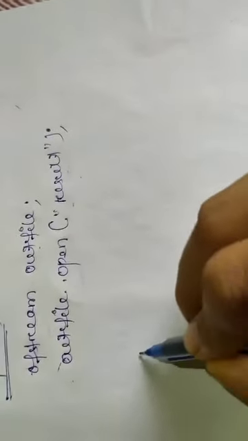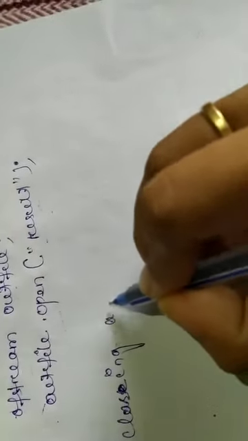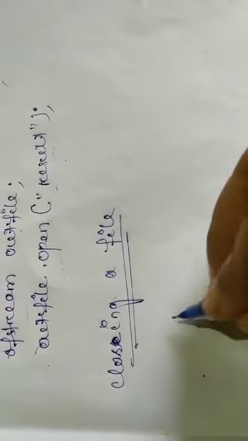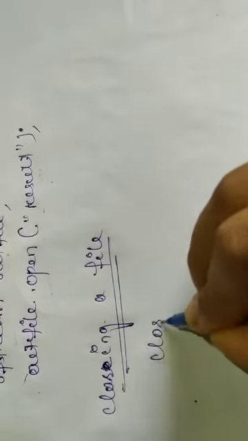Okay, so these are some cases of how to open a file and how to close it. Let it be open, then you can close a file by using this close function.